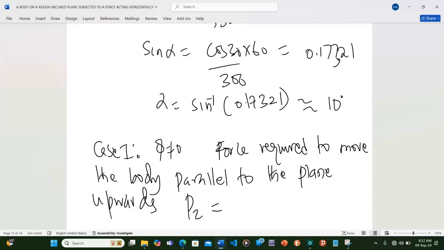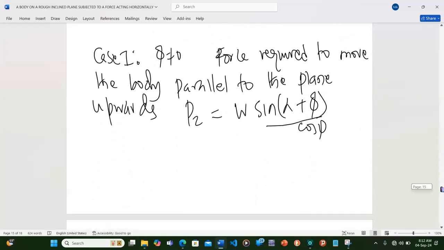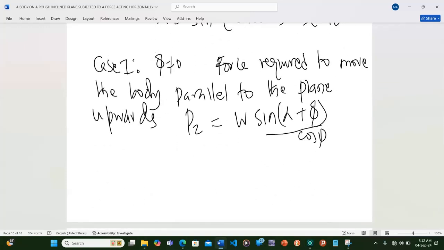P2, we also derived earlier in one of our videos, is equal to W sine of alpha plus phi divided by cos phi. We already know that alpha is equal to 10 degrees. We know phi is equal to arctan of 0.3, which is equal to 16.7 degrees.